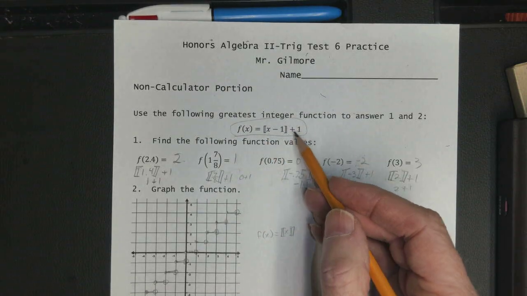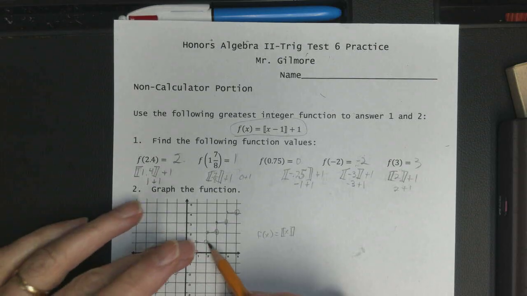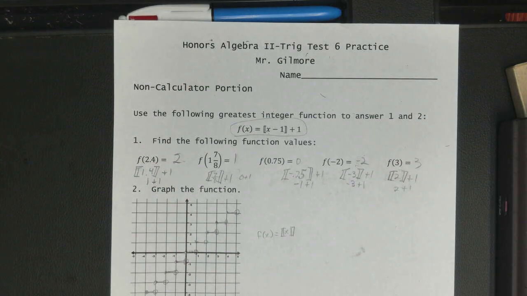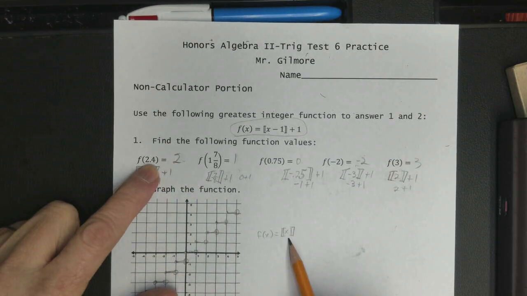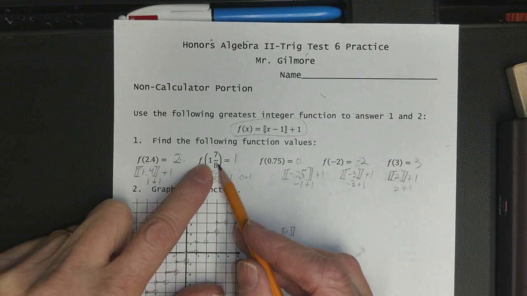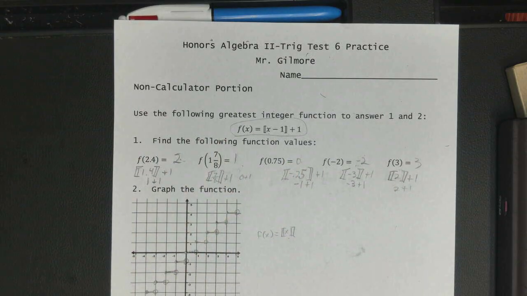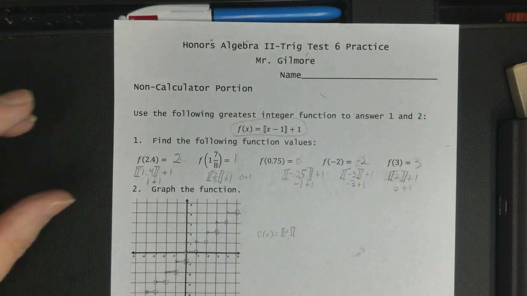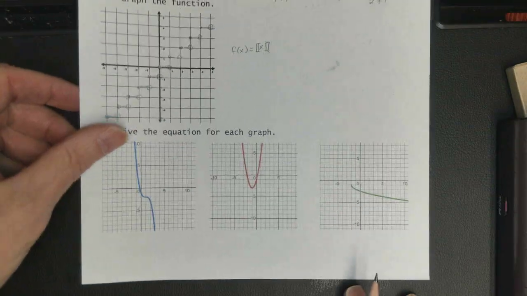Shifting it 1 unit right and 1 unit up is actually putting it on top of itself, so it is an identical function. If I put this in here, I get this. Okay, don't count on that for the test, but it just turns out to be an interesting result here.